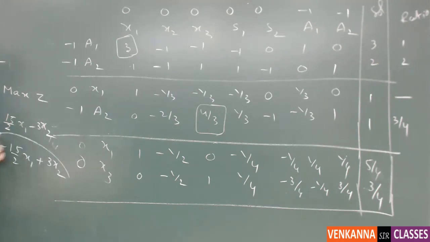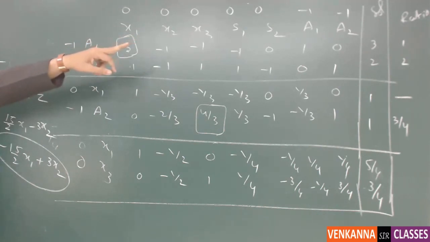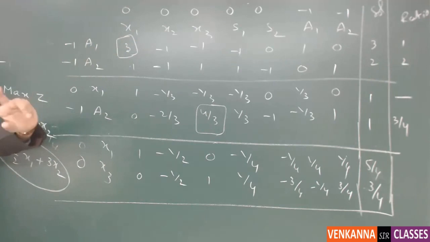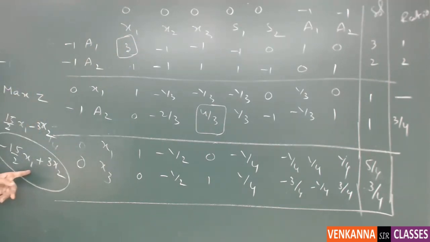So here I have substituted the same values there, 5/4 and 3/4, because in the table I have taken artificial variable coefficients as -1, -1, because I have changed the objective function. So the same objective function I am considering. Please understand, the solution won't change, only the objective function is changing here. Substitute the values: x1 takes 5/4, x3 takes 3/4.